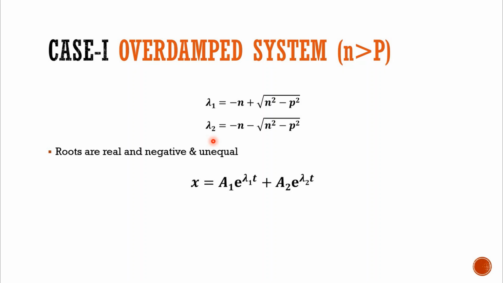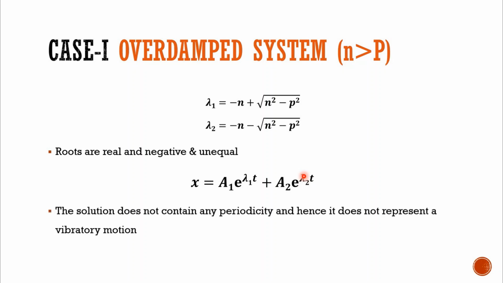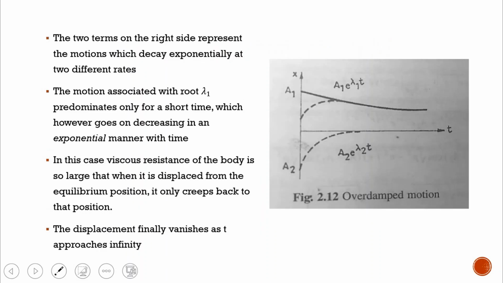Okay, so we can write x is equal to a1 e raised to lambda 1t plus a2 e raised to lambda 2t. So the solution does not contain any periodicity, hence it doesn't represent a vibratory motion. And the two terms on the right hand side, a1 e raised to lambda 1t and a2 e raised to lambda 2t, decay exponentially at two different rates.